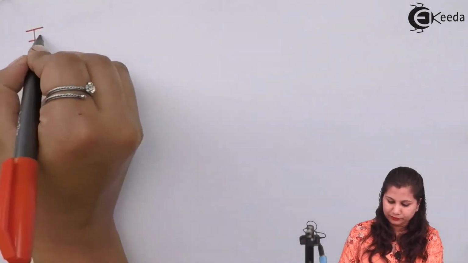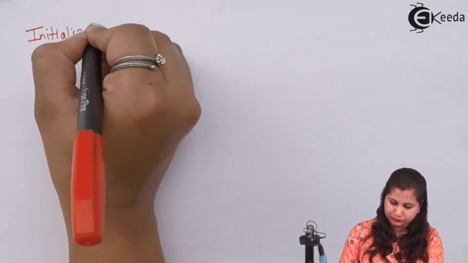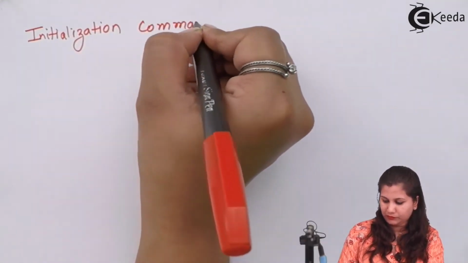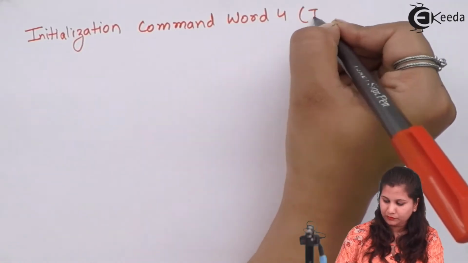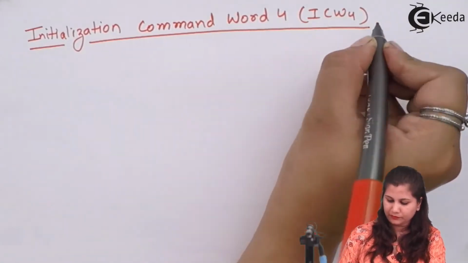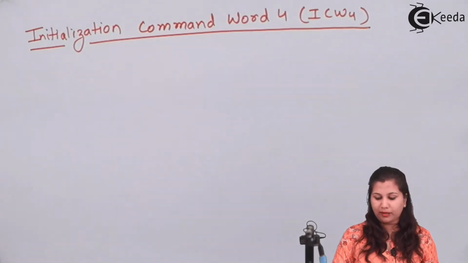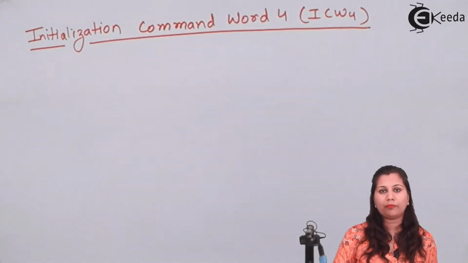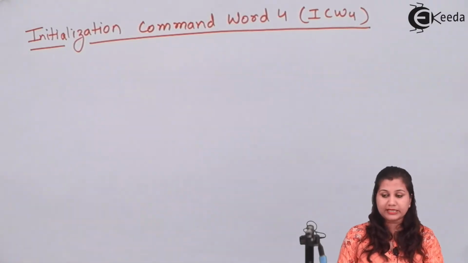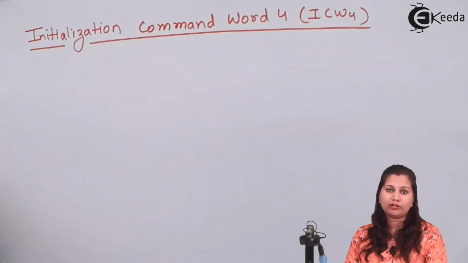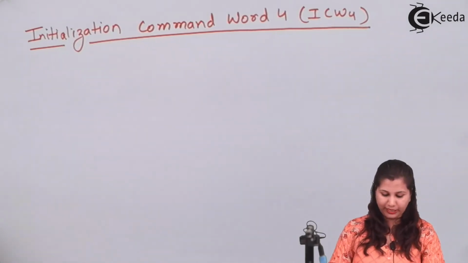Now let's come to the ICW4, that is the fourth initialization command word. This fourth initialization command word decides the modes of operation of the 8259. Okay, so let us see what the function of the 8 bits of this command word is.